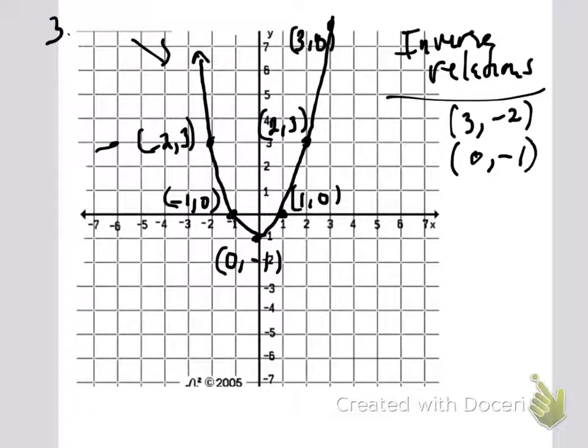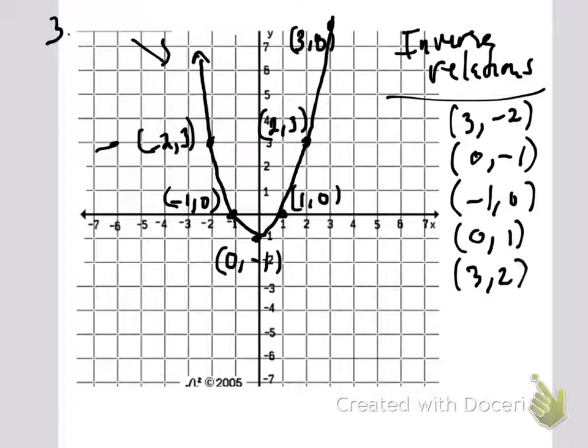0, negative 1. Negative 1, 0. 0, 1. 3, 2. 8, 3. Alright, so that's the inverse relation. Now, let's graph these.